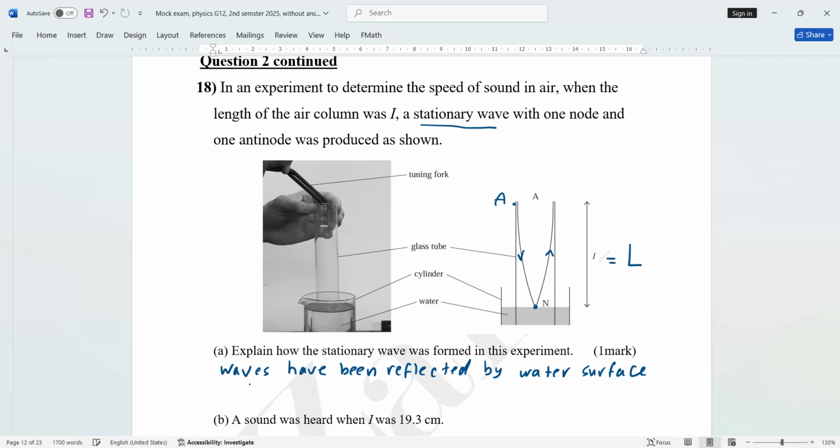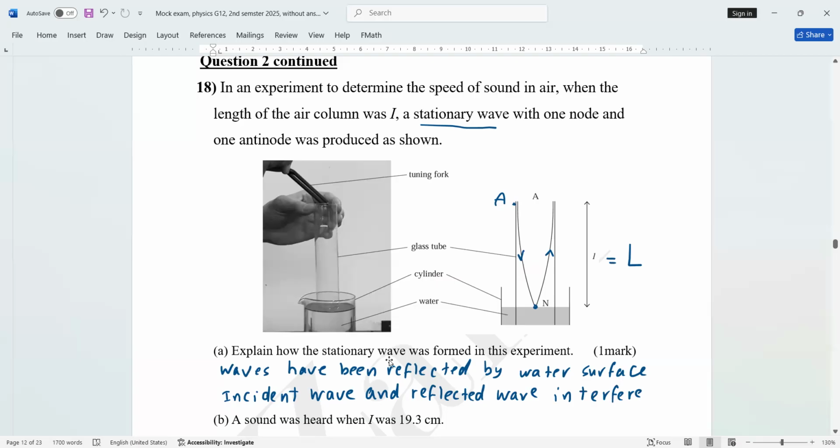Incident wave and reflected wave interfere to form the stationary wave.